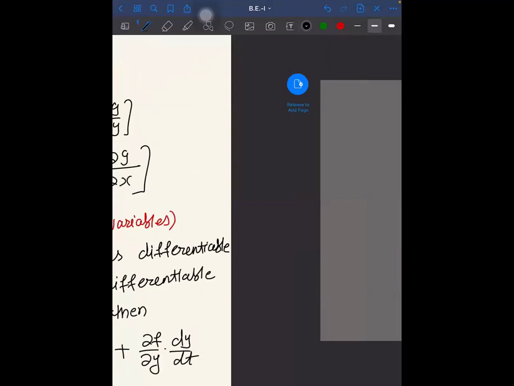So let me put it in that way, that your w is a function of x and y. Then you have two variables, x and y. So make two branches, x and y. We call them intermediate variables. Here you have x and here you have y.